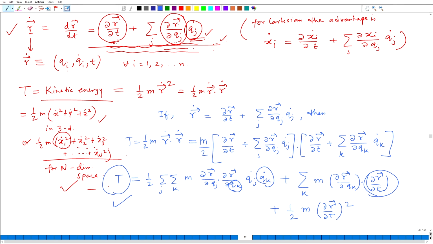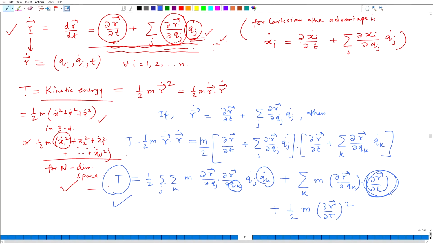For example, r is equal to xi plus yj plus zk, or it is equal to r cap. In both cases there is no explicit dependence on time. So, in that case we can say ∂r/∂t will be 0. So, this term will go away, this term will go away.